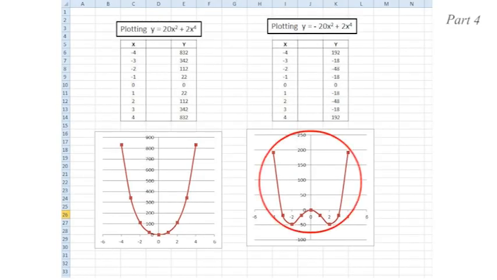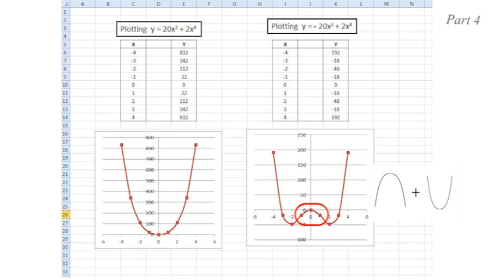Here's practically the same plot as before, and you can see that it's the same numbers for x and the same formula, except that the squared term has been made negative, and this changes the shape completely. The reason for this is because for small phi, phi squared is very much bigger than phi to the fourth.